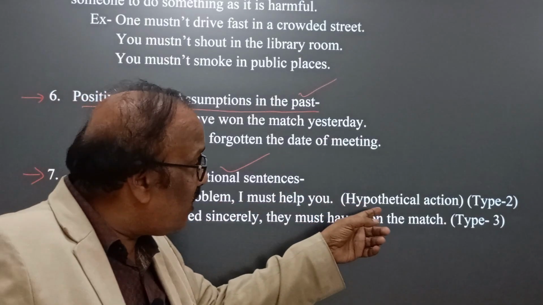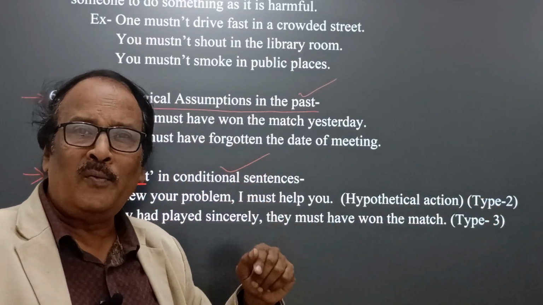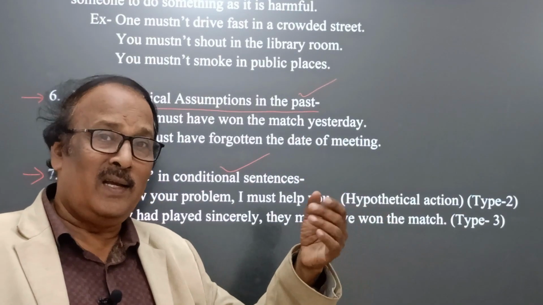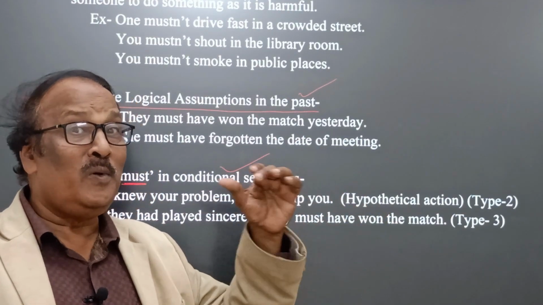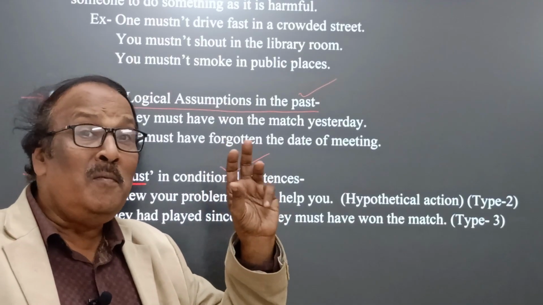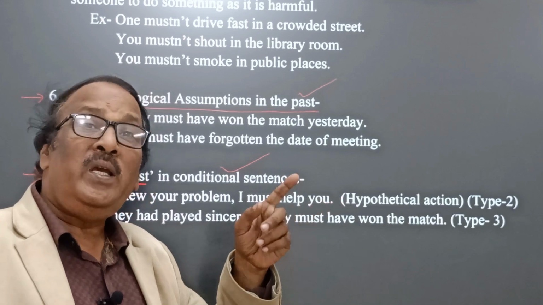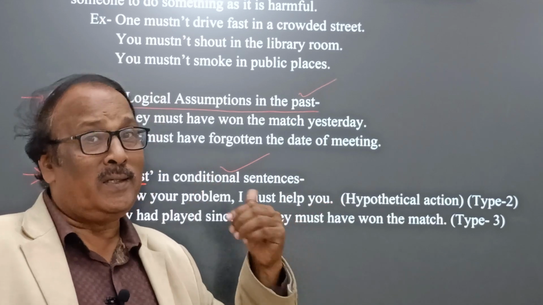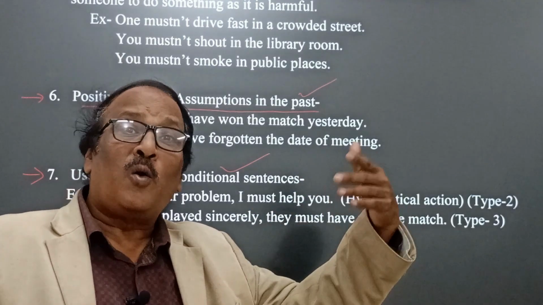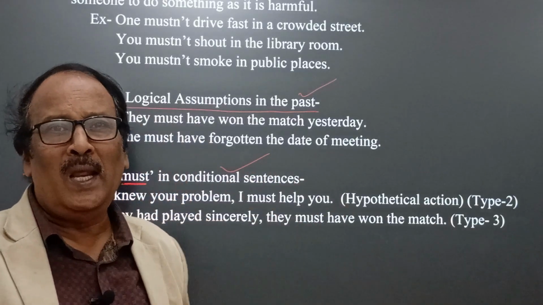This is hypothetical action which is based on type 2 of conditional clause. Type 2 expresses the idea that whenever we use any hypothetical or imaginary or impossibility of present action, in that case we use simple past in the if clause and should or would or could or might plus infinitive in the main clause.